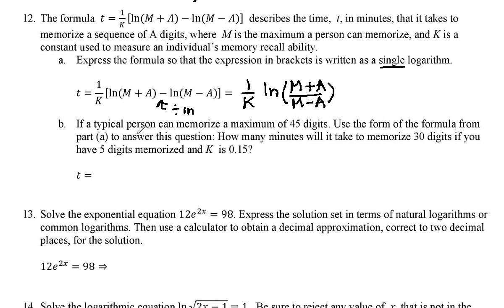And then if a typical person can memorize a maximum of 45 digits, so that's saying cap M equals 45, then we're going to use this formula that we did up here to answer the question, how many minutes will it take to memorize 30 digits? Okay, so that 30, that's our A, cap A, right here, the time to memorize A digits.